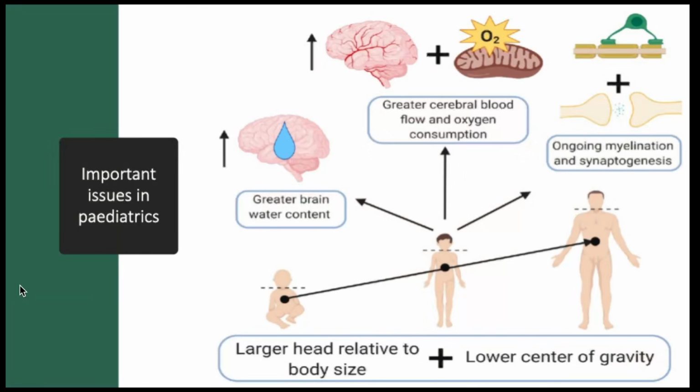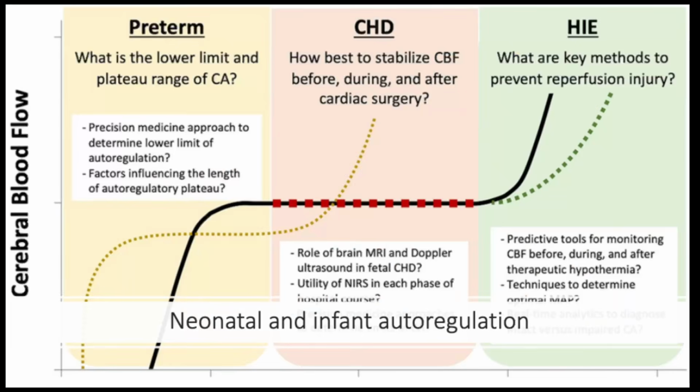So that's why kids who have major traumas or major tumors or brain injuries or brain surgery, they end up doing so well because of this increased myelination and synaptogenesis.